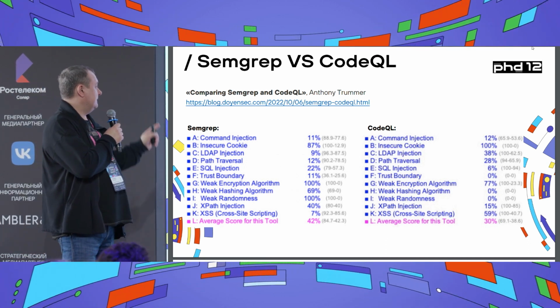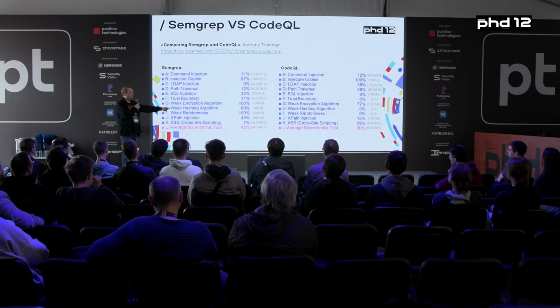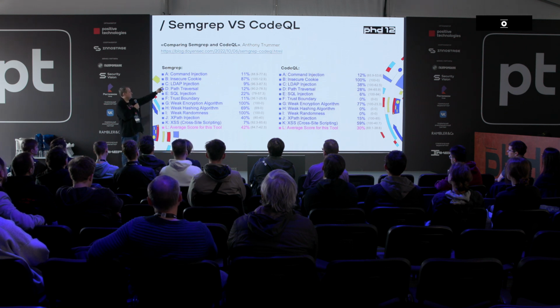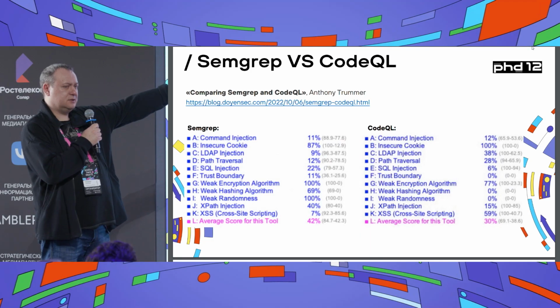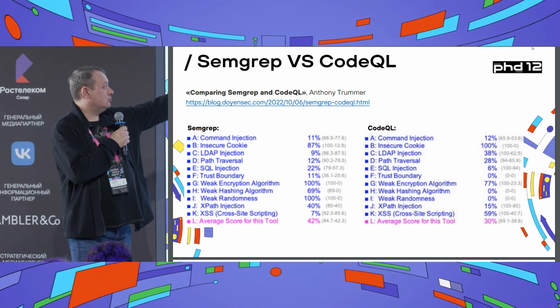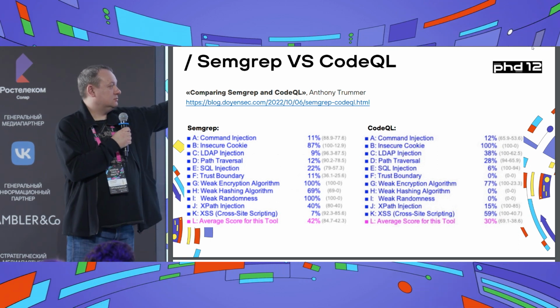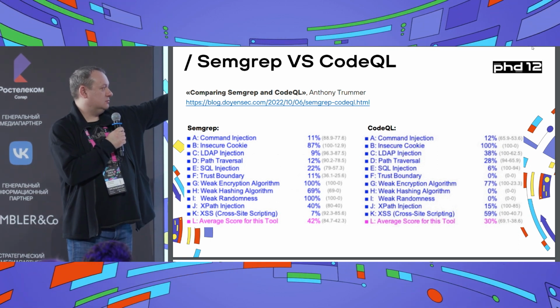Of course, it's controversial. If you look carefully at both, you will see one interesting thing. Command injection, very low percentage, 11, 12, it's bad. Insecure cookie, higher, good result. LDAP injection, low.